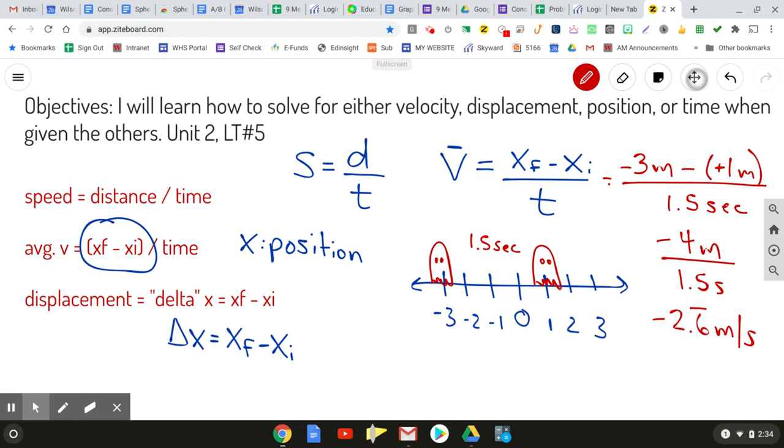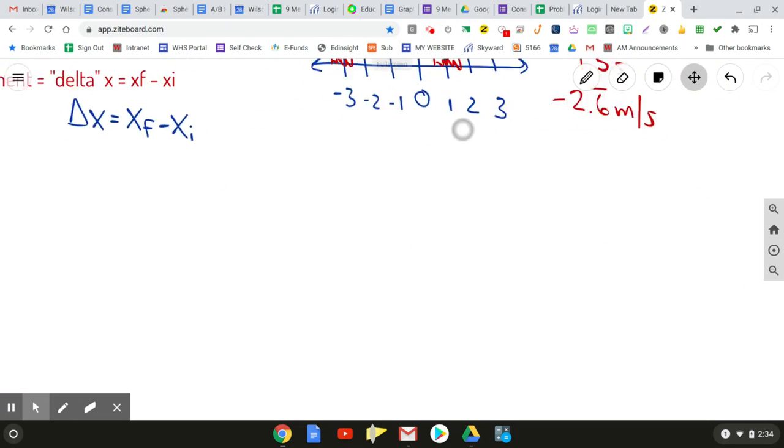Okay? We can do other things. If we start with our average velocity formula again, we could solve for other things.